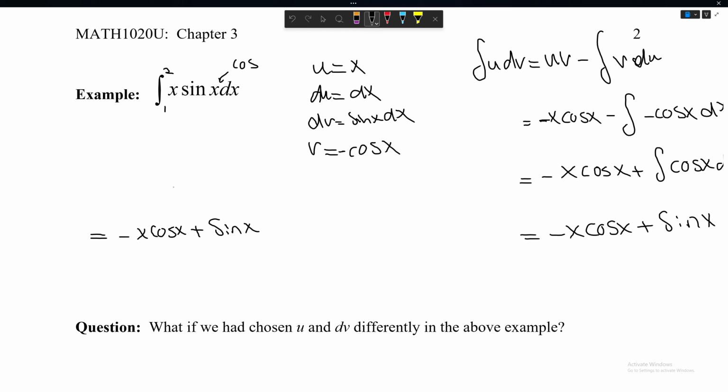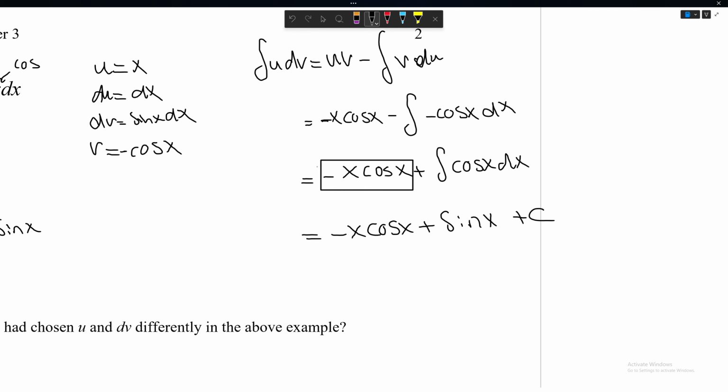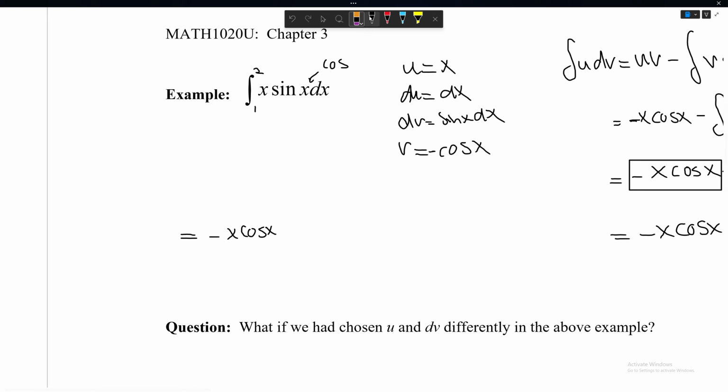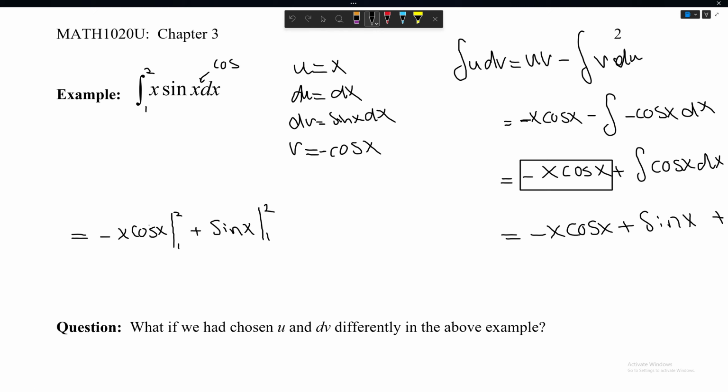And what you'll get is, first, when I took this out right here, you still have to apply your bounds to this. And so you'll say negative x cos x, you apply the bounds from 1 to 2, all right, plus my sine x, which is also from 1 to 2, right? So I can combine these two, negative x cos x plus sine x from 1 to 2, all right?